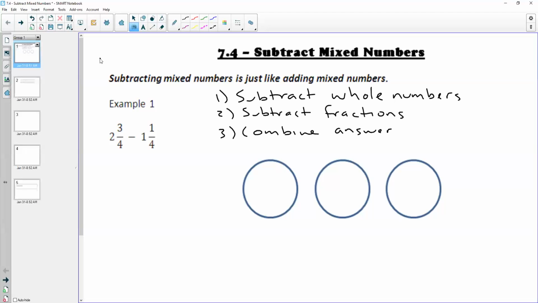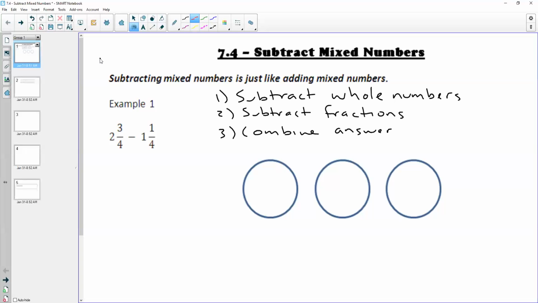Okay, so those are the 3 steps for operations with mixed numbers. Instead of subtracting, if the question's asking to add, of course you'll add the whole numbers and then add the fractions, okay?